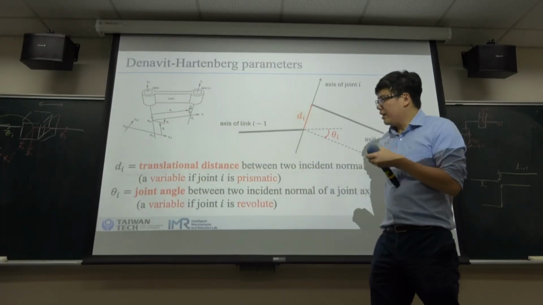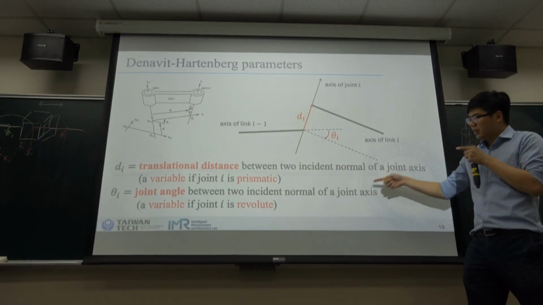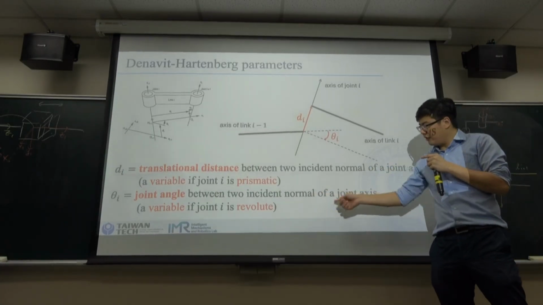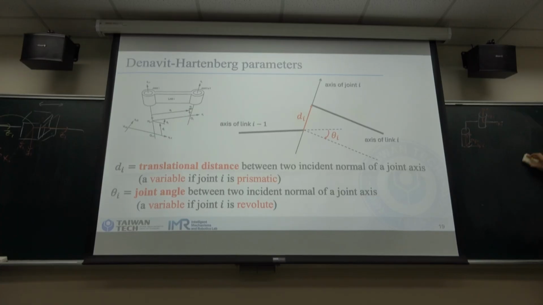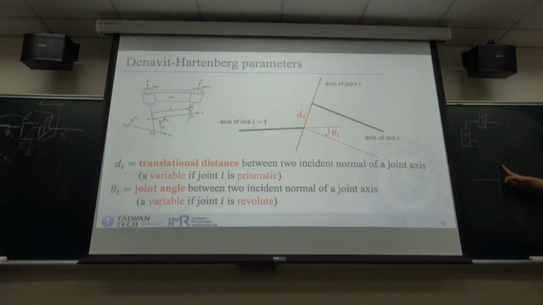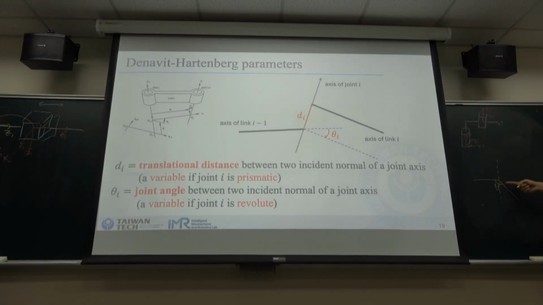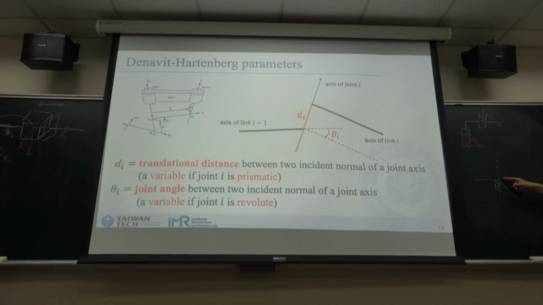And theta is the angle between the two links. It's the incident normal of the joint axis, but we can simply say it's the link. So if we have this joint axis, and here is theta, if this theta is changing, what is the joint type of this joint?